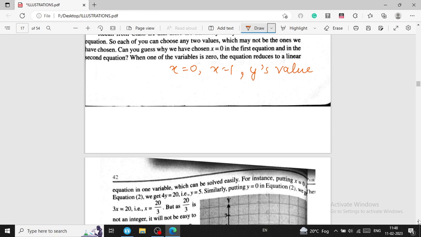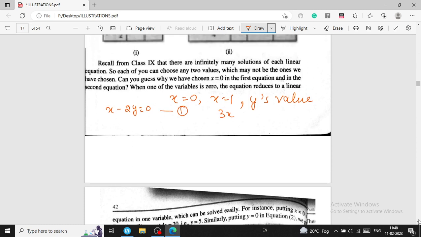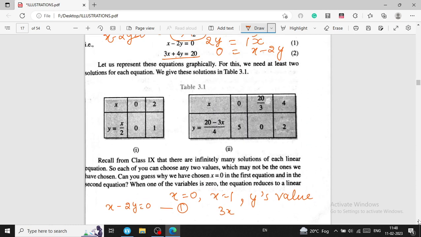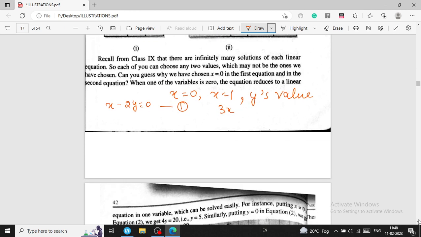You can see here, I write the first equation x minus 2y is equal to 0, and the second equation is 3x plus 4y is equal to 20. Now put x is equal to 0. When x is equal to 0, then y will be 0.